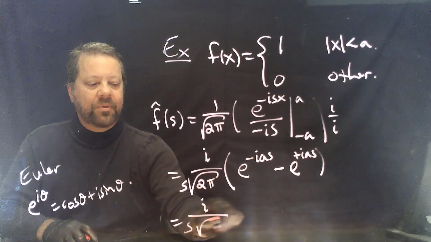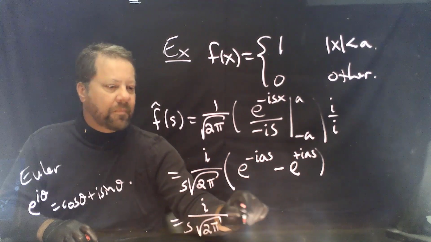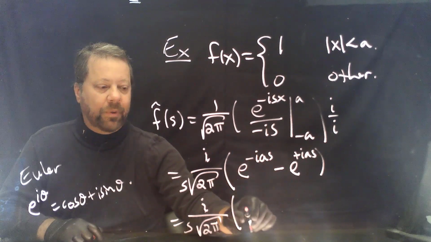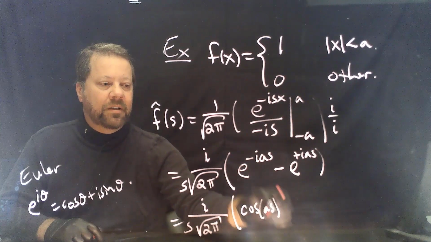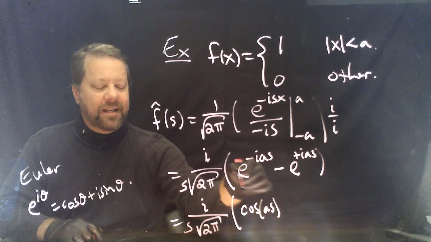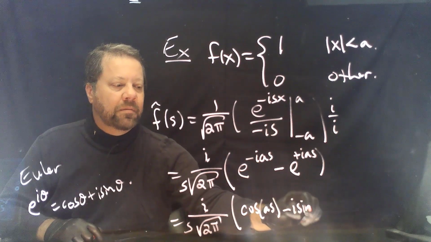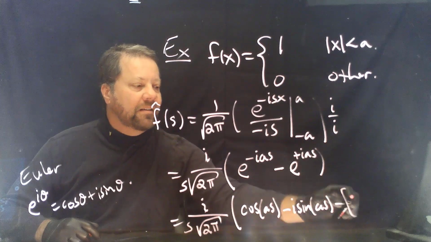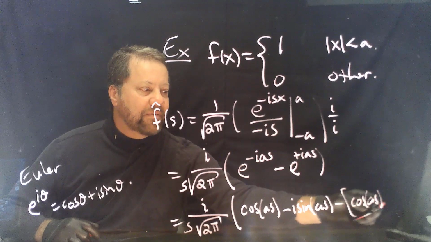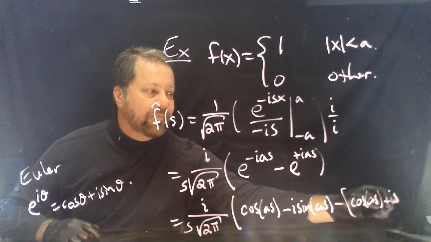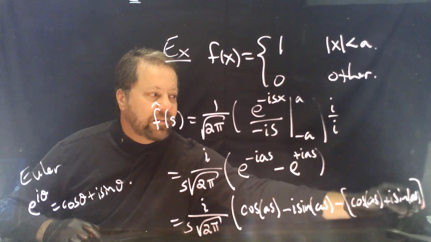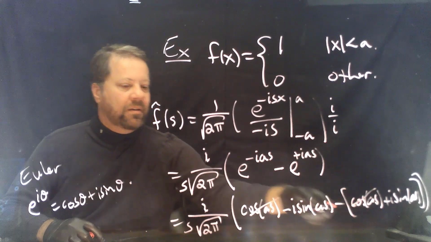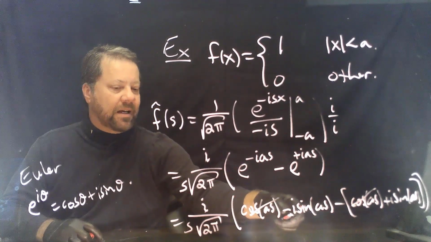we have i over s root 2 pi. We're going to have cosine. Well, cosine of negative, the negative will go away. Plus i sine, the negative will come out. And then we'll subtract cosine of as, and then plus i sine as, and the cosines go away. We'll double up on the sines.